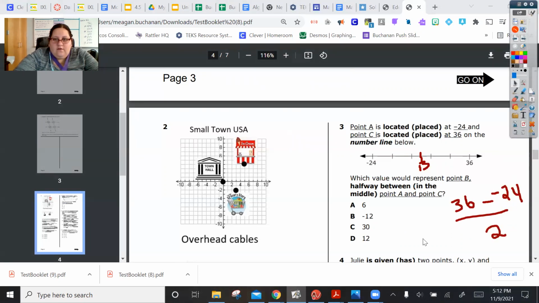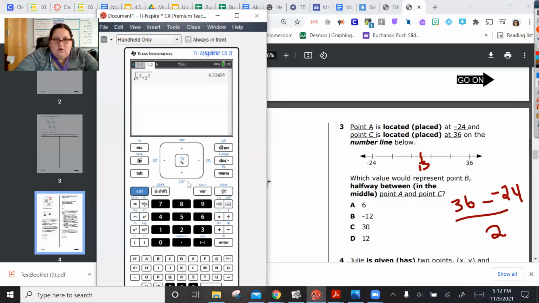That is how you find the halfway point, our midpoint. So control divide, 36 minus, wrong button, -24 over 2. And I actually put 23 instead of 2. My mistake. 36 minus -24.